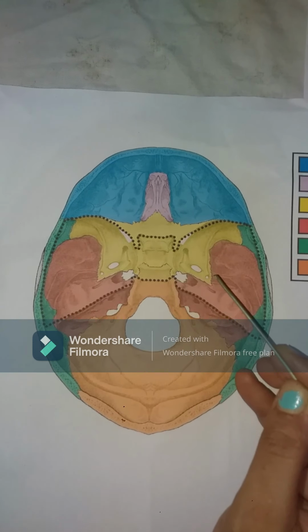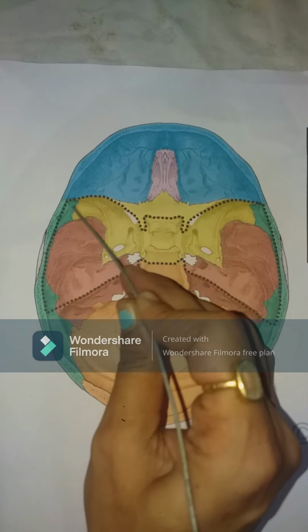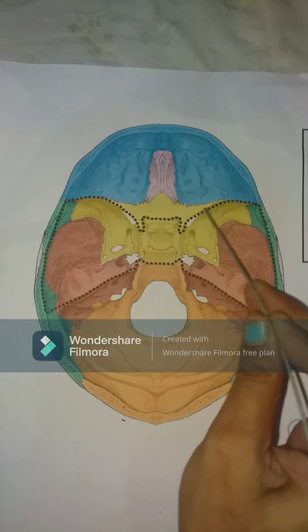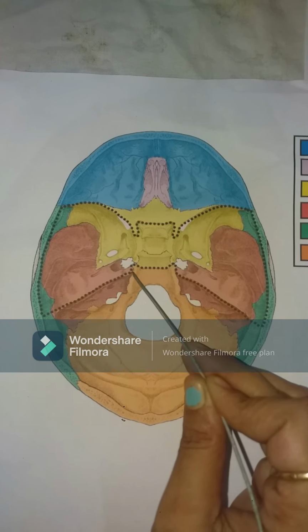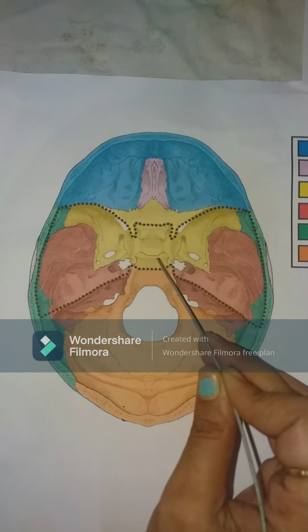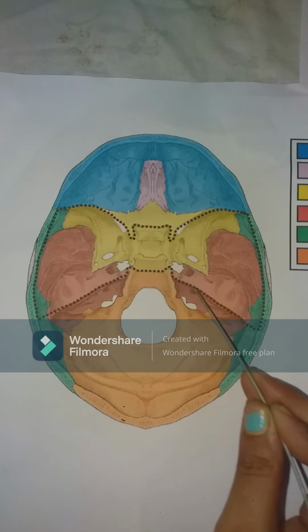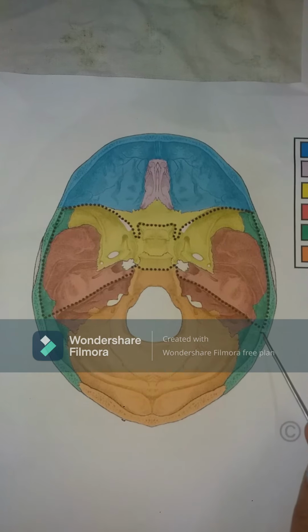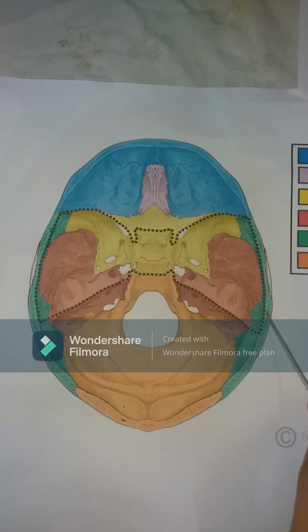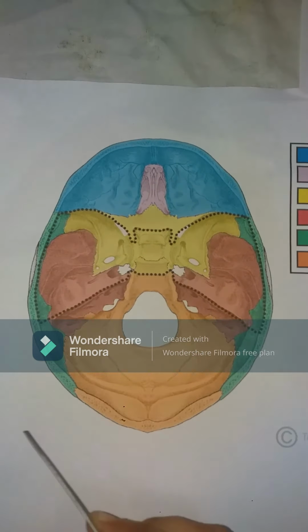Forming it once again, and finally we have, this is the anterior margin of the middle cranial fossa, the superior border of the petrous temporal bone and the dorsum sellae forming the posterior margin of the middle cranial fossa. And more laterally, the parietal bone is also a part of the middle cranial fossa.